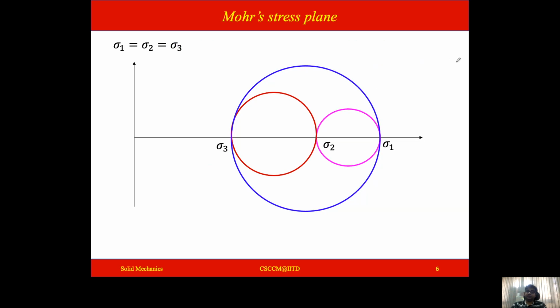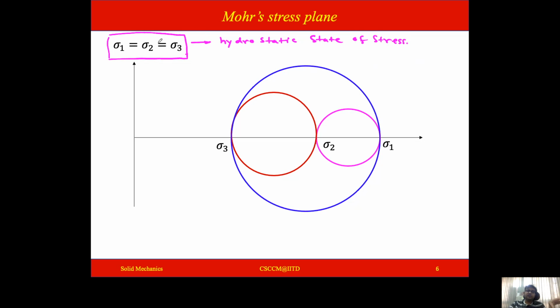Now let us take another special condition. In this case, sigma 1 is equal to sigma 2 is equal to sigma 3. Now this is a case which we have discussed earlier, and this is known as hydrostatic state of stress or isotropic state of stress, right?